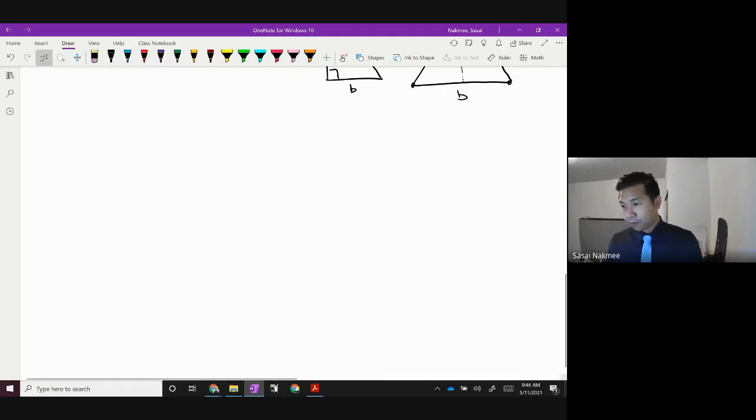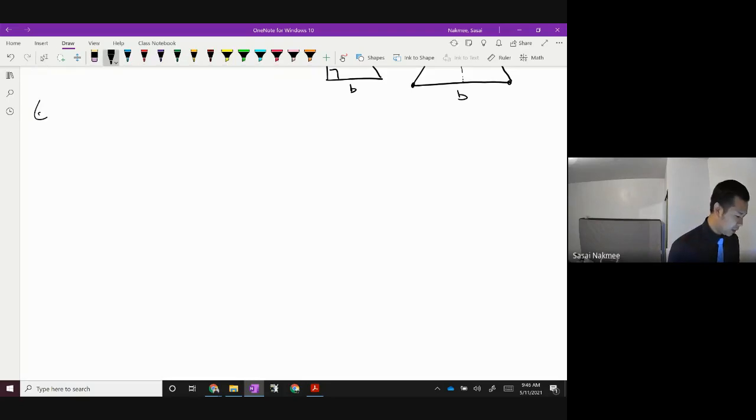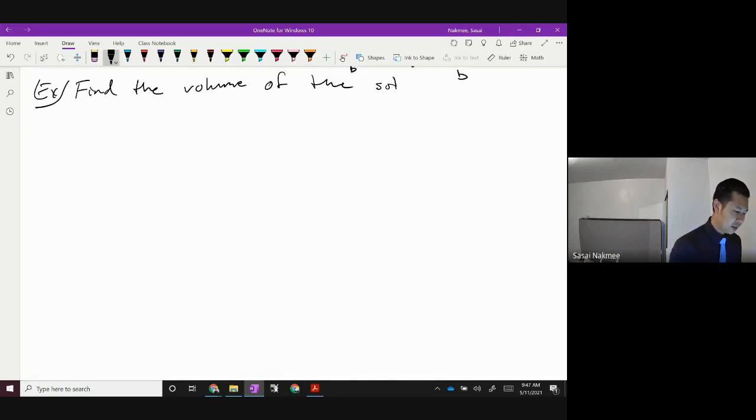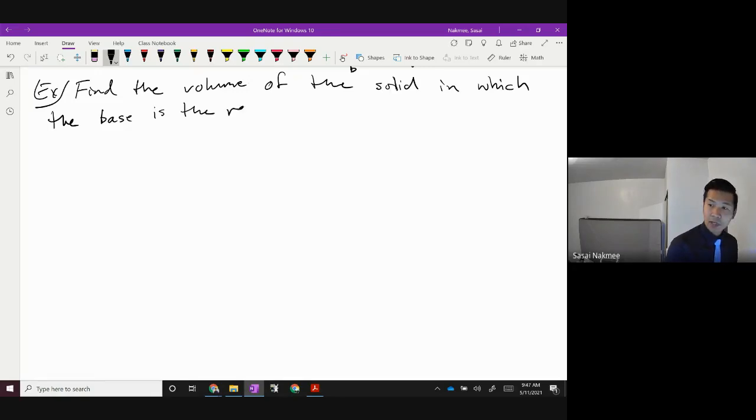Let's do an example here. Okay, so let's say I'm asked to find the volume of the solid in which the base is the region bounded by the graphs of, and here are the graphs, let's write these down here.